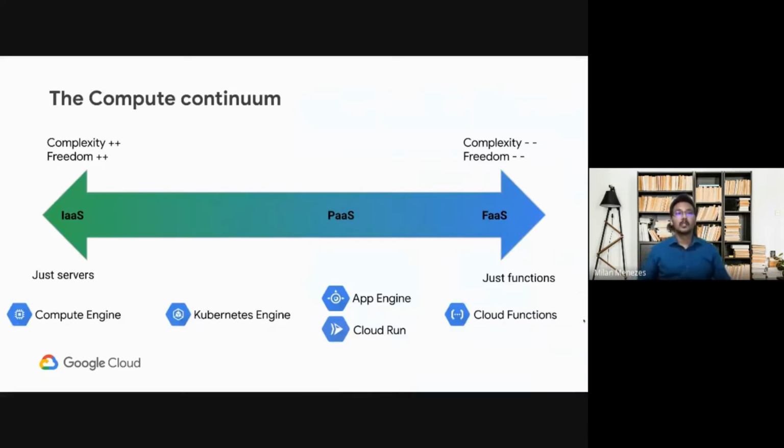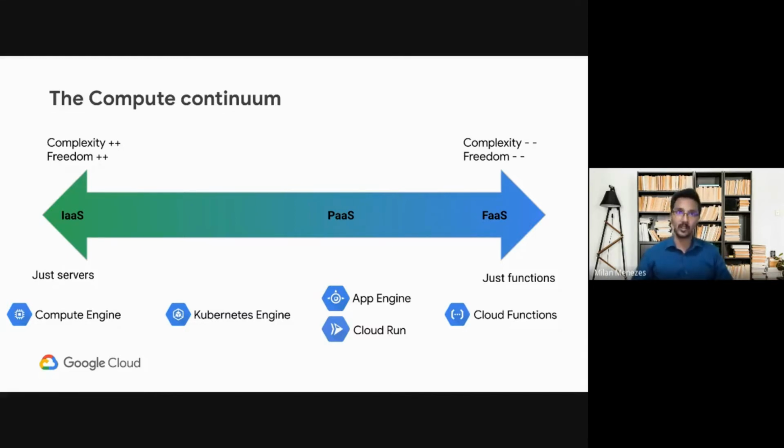So let's look at compute itself. In Google Cloud, we have a couple of compute offerings. We have Compute Engine itself, then we have the serverless offerings. On my left-hand side, it gets more complex. We start with virtual machines. Compute Engine is where you design your virtual machines, where you request a virtual machine and you get a virtual machine.